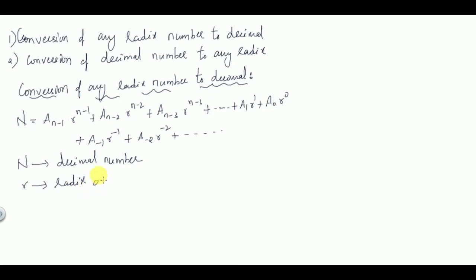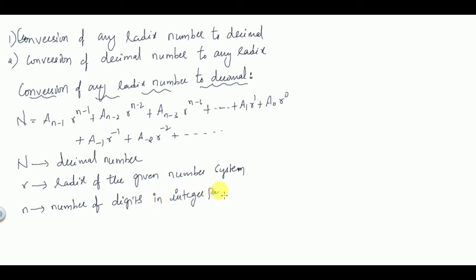Then n represents the number of digits in the integer part. So all these a(n-1), a(n-2), so on up to a1, a0, a(-1), a(-2), all these represent the digits of the given number system.